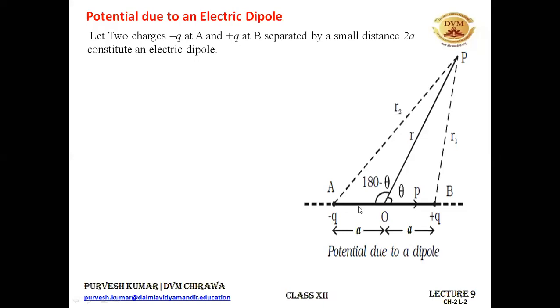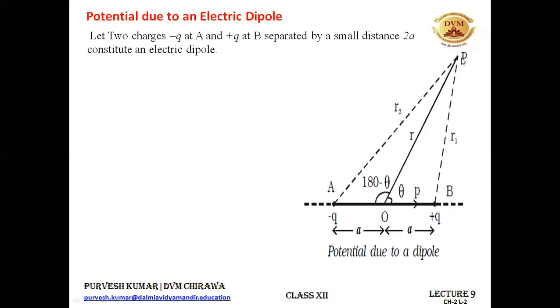We have this dipole such that at point A, minus q charge is present, and at point B, plus q charge is present. And from the center of the dipole O, there lies a point P at a distance small r. So this point P is at a distance small r from the center O of the dipole. And this is any general point.